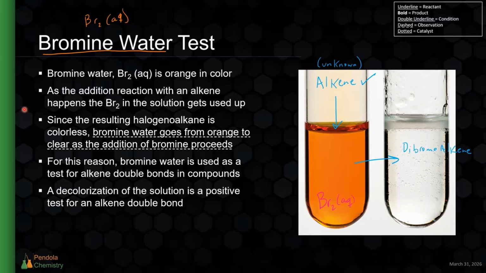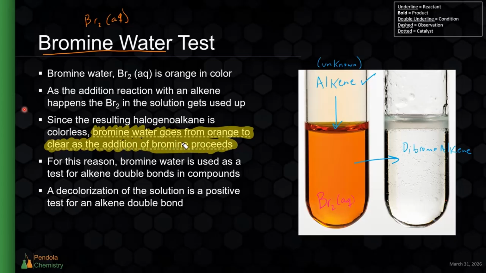Now, a test is just a fancy term for a reaction that we can see a change in. So we can use it to test for specific functional groups. Bromine water is going to go from orange to clear, orange to colorless, as the addition of bromine proceeds.